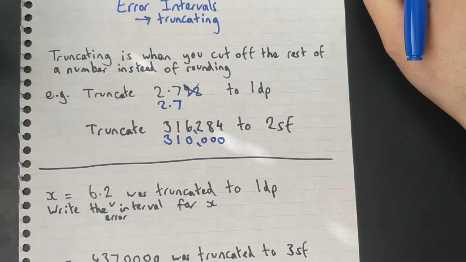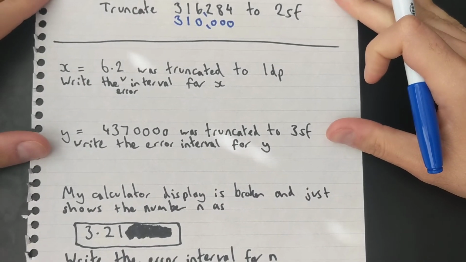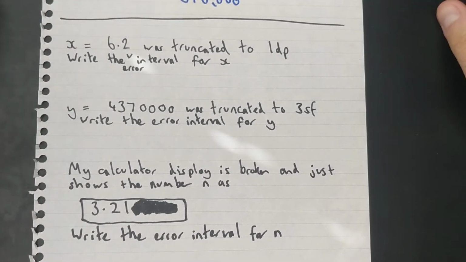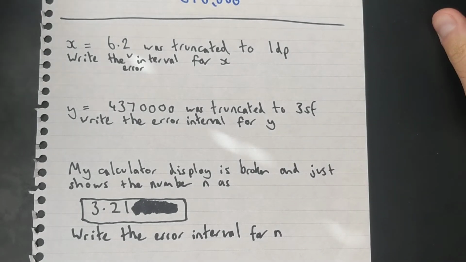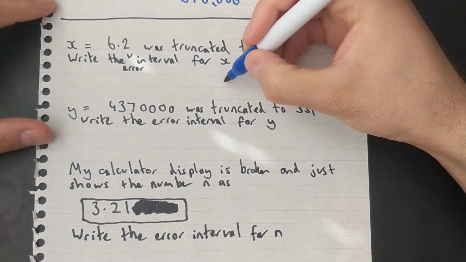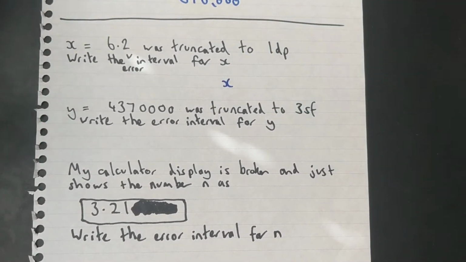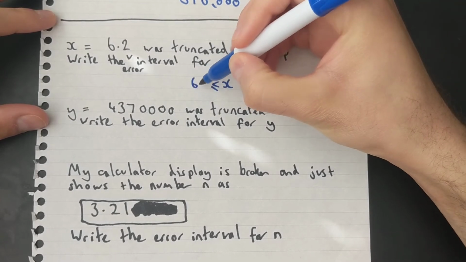So what this means is when we're doing error intervals, it's not quite the same process as if something has been rounded. So here, if x equals 6.2, and that has been truncated to one decimal place, what is my error interval for x? The smallest value that x could be is, this time, 6.2.